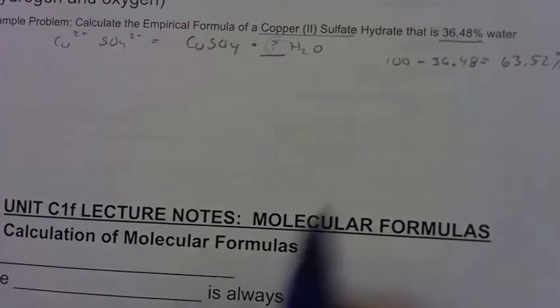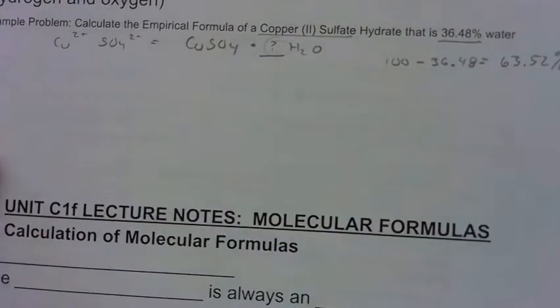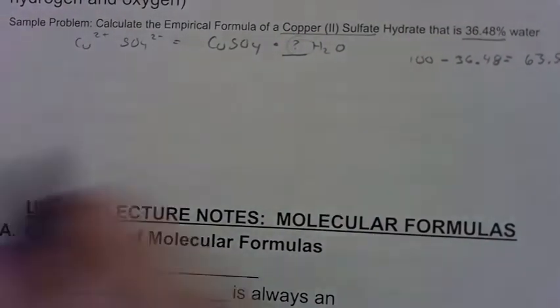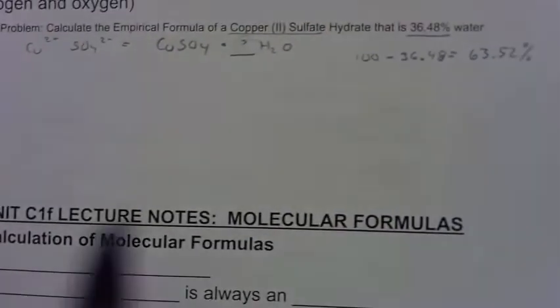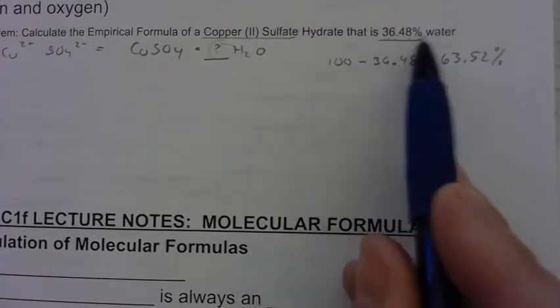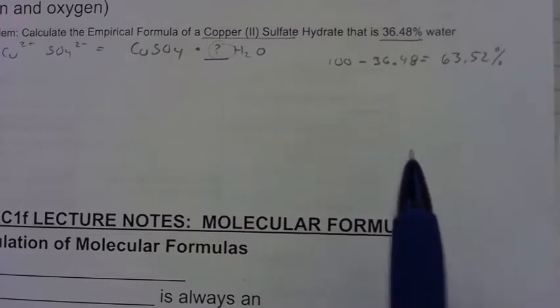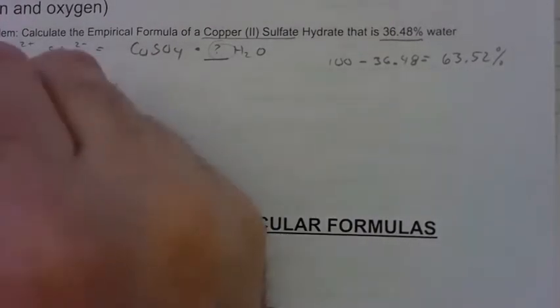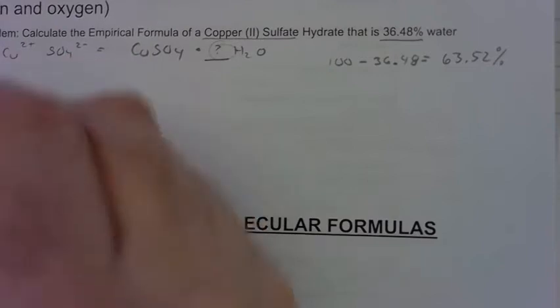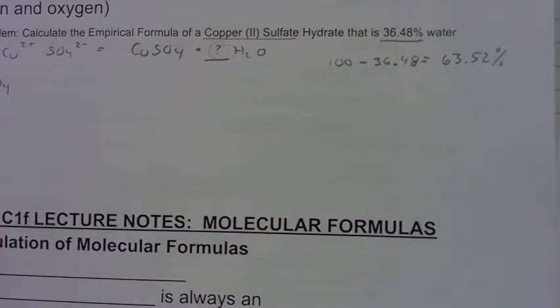Now we keep these together as compounds. So we know that we have 36.48% water, 63.52% copper 2 sulfate. So we have CuSO4 and we have H2O.